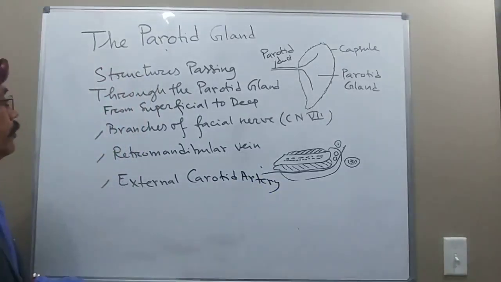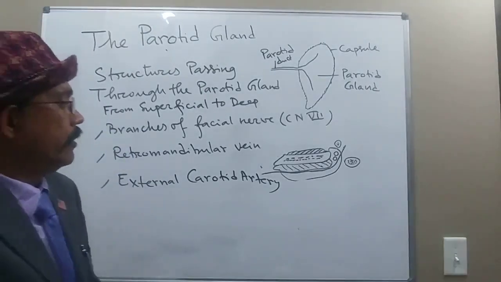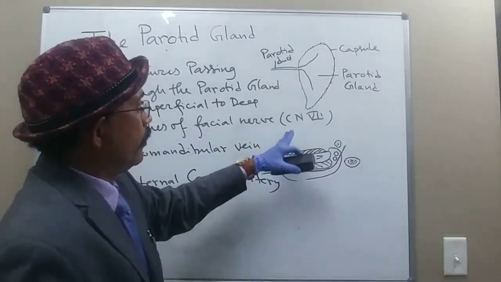So these are three important structures that are present inside the parotid gland.